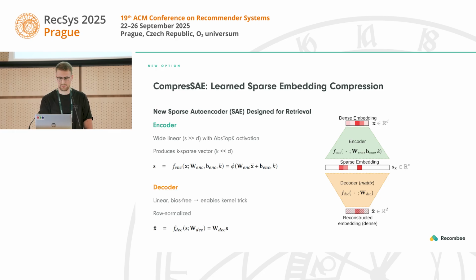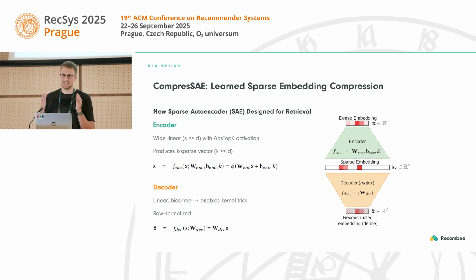Instead of trying to learn low dimensional compression as in standard autoencoders, CompressSAE, based on sparse autoencoders, compresses the dense embeddings into a higher dimensional space, but with few active neurons in each of the embeddings. This way, the vector is smaller in memory footprint while preserving the expressiveness of this space, because we actually do not compress the dimensionality.